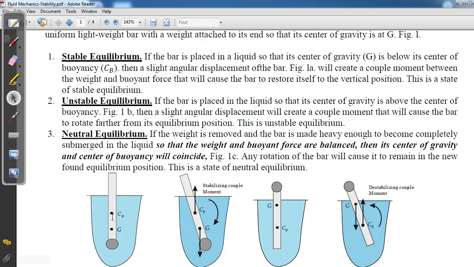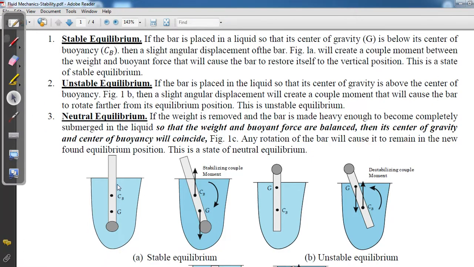So we have taken a rod and we have made the bottom heavy. We know that G, the center of gravity, will move towards the area where the mass is concentrated, so it will come down. This is the initial position. In this case, center of buoyancy is above center of gravity, and we are giving a rotation in the anti-clockwise direction.